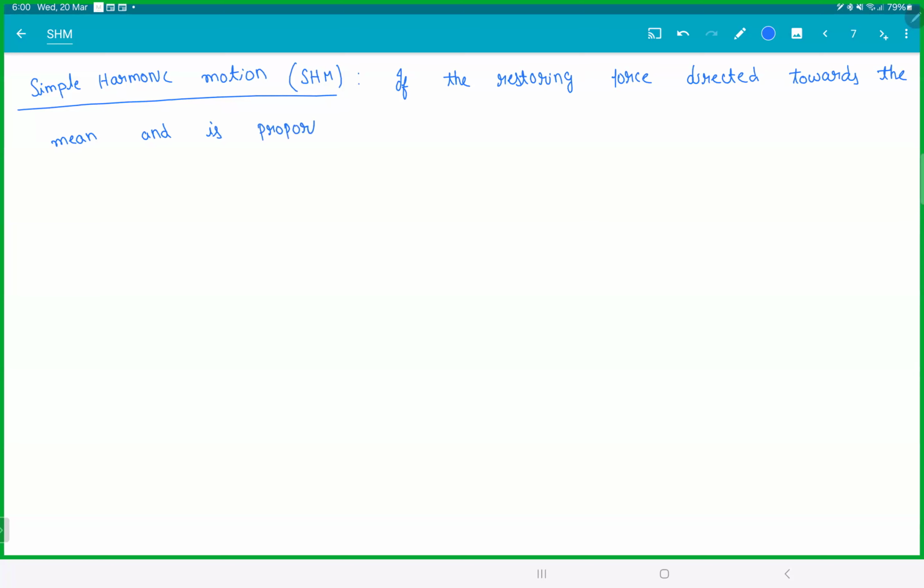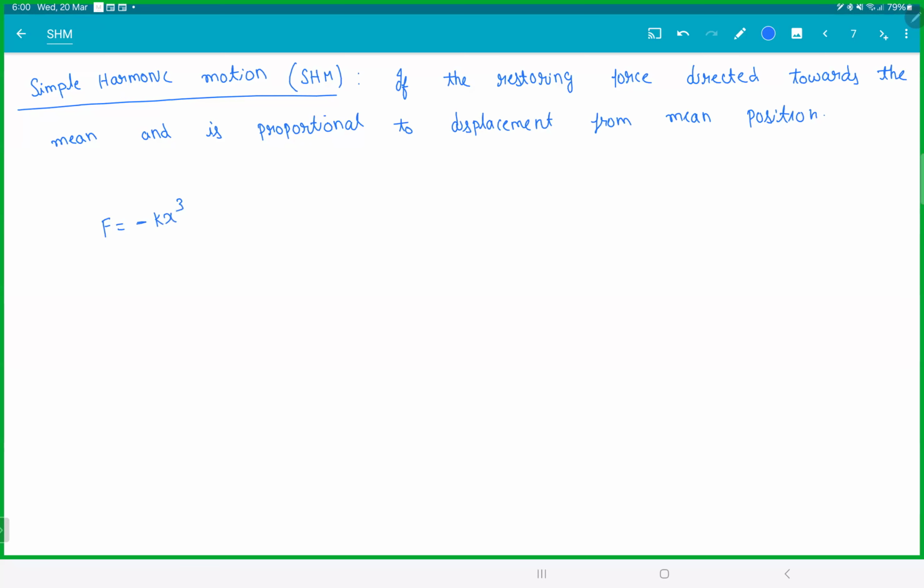So there's one more additional condition that it has to satisfy. So the function should be a linear function. Let me give an example. For example, if I have f is equal to minus k x cubed.